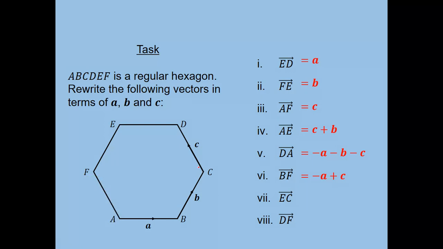A to F is parallel, as noted, to C to D, hence they would be equal to each other, which is vector c. So those are the answers.